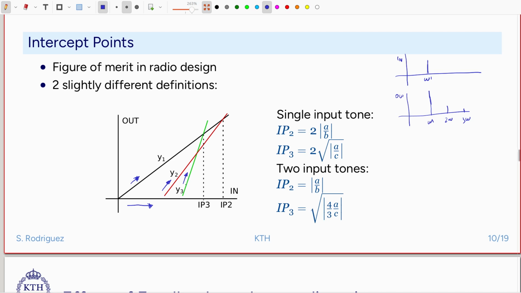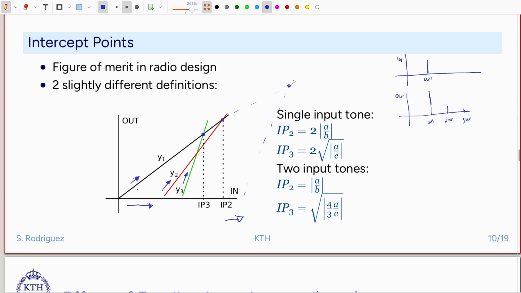If we extrapolate, in dBs, they can be plotted as lines that will cross at some particular point. And these points are the ones that we are calling the intercept points. They are figures of merit. So the higher the intercept points, the more linear the system is. A system that has intercept points at very high input levels is much more linear than one that intercepts at very low levels.